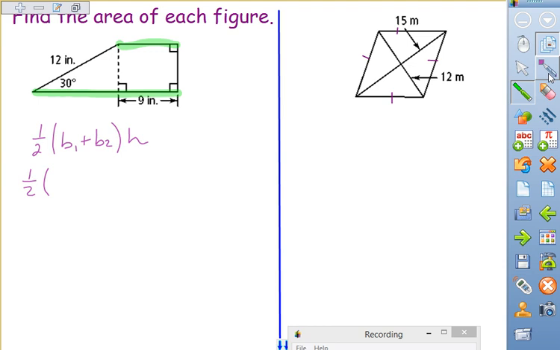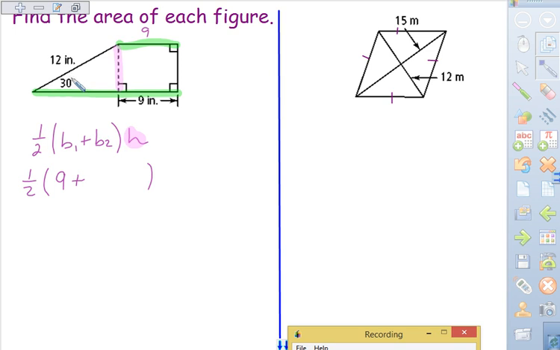So I know one of them is 9. And then I don't know what the height is, so that height is this dotted line. So I'm going to use this special right triangle. Opposite of 30 is 1, opposite of 60 is square root of 3, opposite of 90 is double.